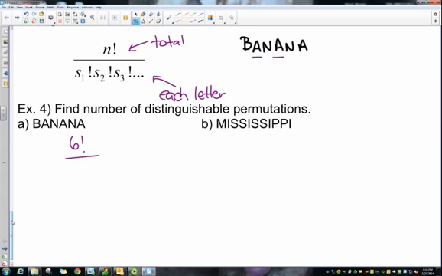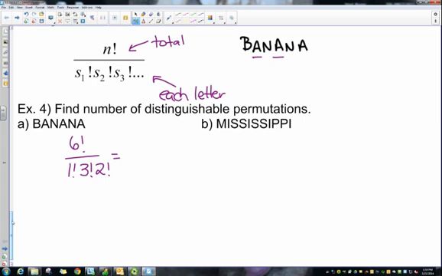The b happens once, so I would put 1 factorial. Now the key to this is the 1 doesn't do anything, okay, because it's 1 in the denominator. So you can ignore the 1s, but for this case I'll show it. The a's happen 3 times, so that's why I have 3 factorial. And then the n's happen twice. That's 2 factorial. So again, that denominator is how many times each of those values actually shows up.